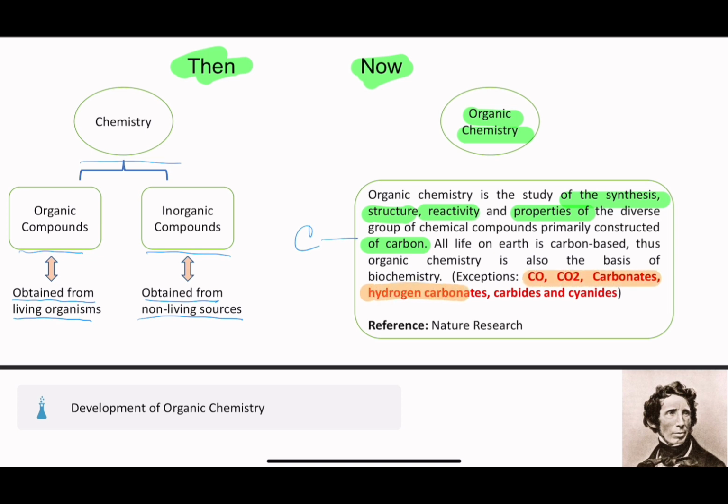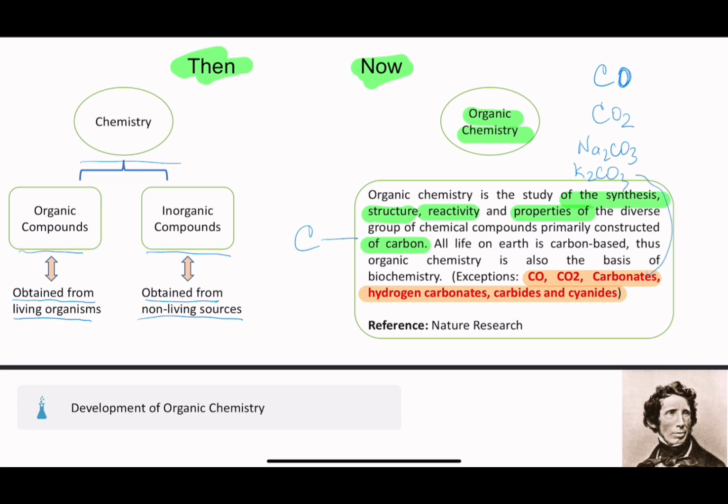Such as these. I'm going to write down their formulas for carbon. So we have carbon monoxide, which is a toxic gas. You can't see it with your eyes, but it's a gas that can kill. And CO2 is the gas that comes out while we breathe out. And then we have carbonates such as sodium carbonate, and then potassium carbonate.